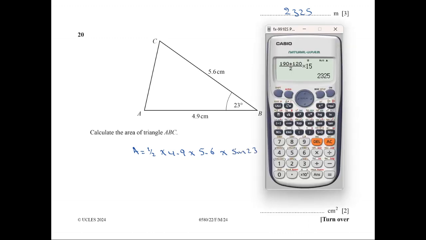To find the answer, half times 4.9 times 5.6 times sine 23 is equal to 5.36.